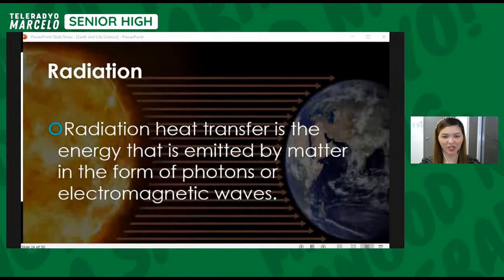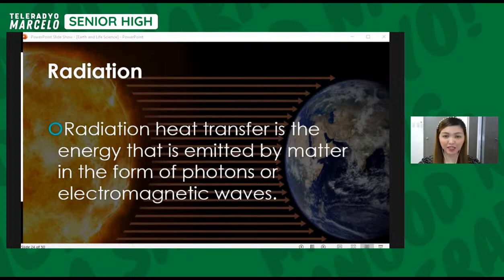Next is radiation. Radiation is the energy emitted by matter in the form of photons or electromagnetic waves. Sounds familiar? Yeah, that's exactly the dual properties of light.